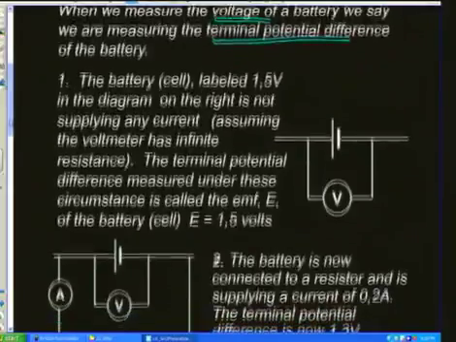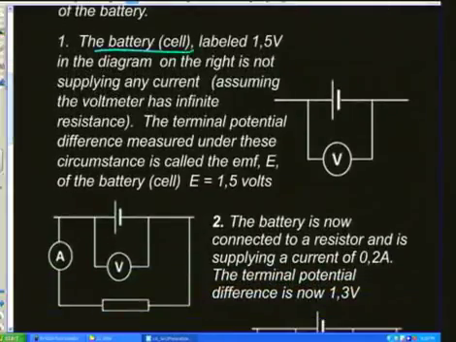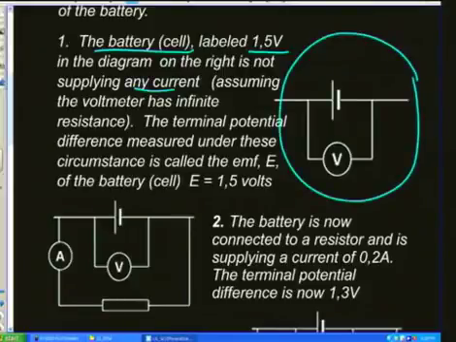The cell was labeled 1.5 volts. In the diagram on the right it is not supplying any current. So take a look over here, no current, and we're told that it is 1.5 volts. That's the reading on the voltmeter.